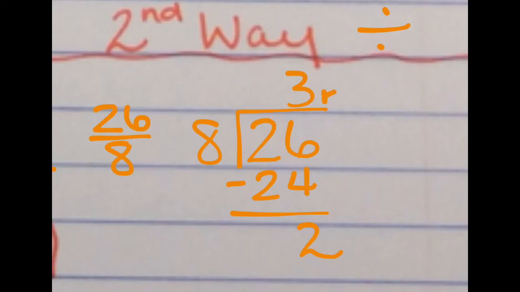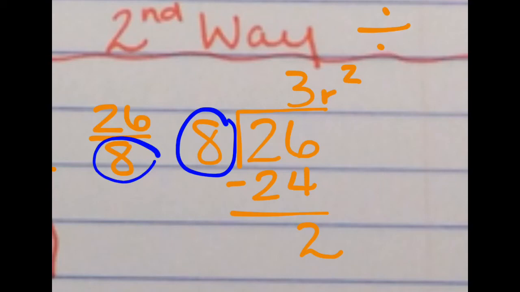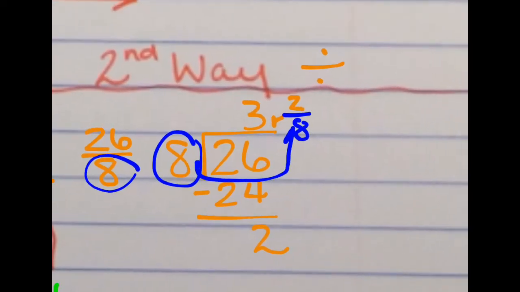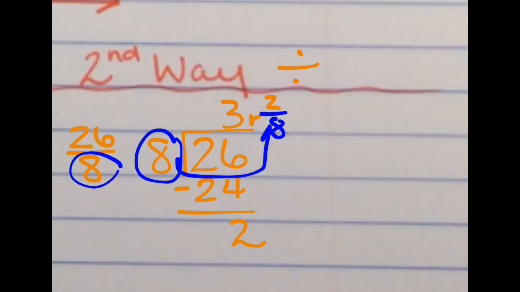Your remainder of 2 comes over here, and you're going to take the denominator and it's going to become the denominator again over here. So that way you would get 3 and 2 eighths.